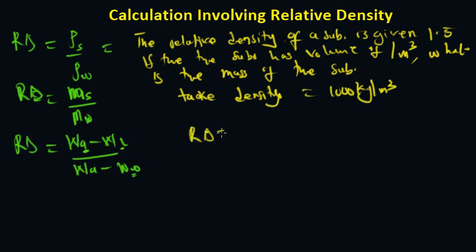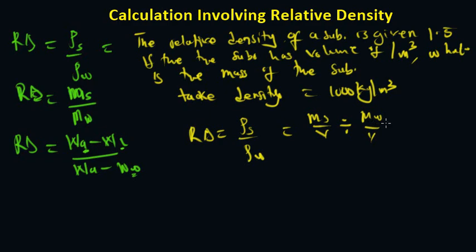RD is equal to density of substance over density of water, and we can express it in simple terms as we did earlier, which will be mass of substance over volume, divided by mass of water over volume. Here you see density of water has been given, so we don't even have to express it in this form.